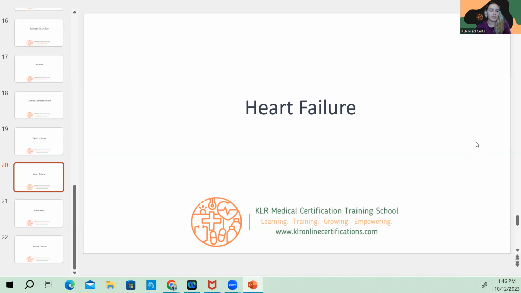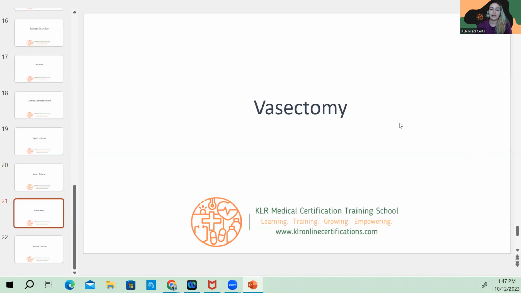Heart failure is something that is wrong with you. It is a condition or an illness. This is a diagnosis. Vasectomy. Even if you can't explain what a vasectomy is, you should be able to look at ectomy and know by your suffix clues there, ectomy, that this is a procedure or treatment.